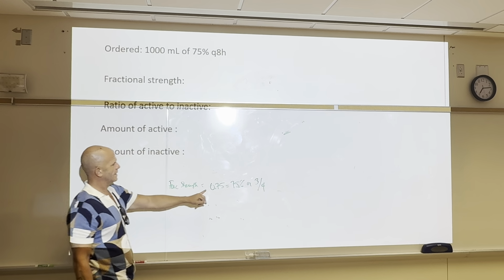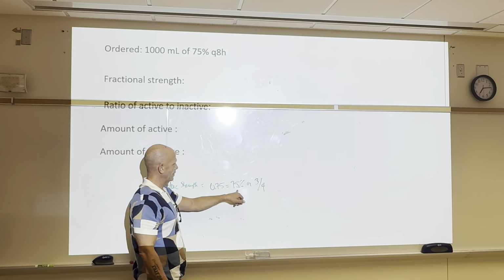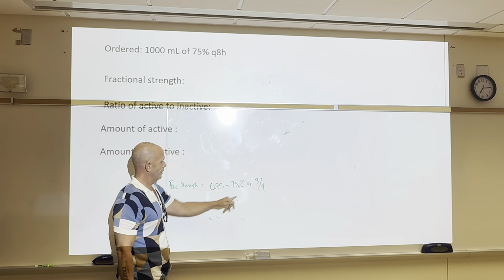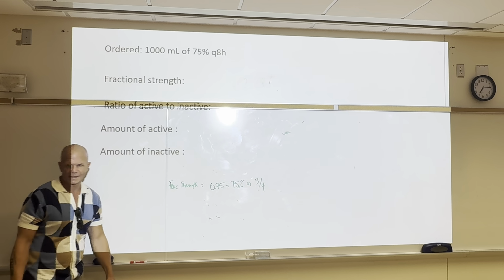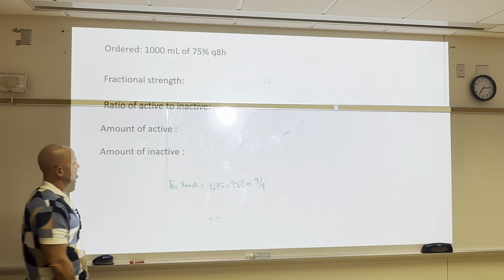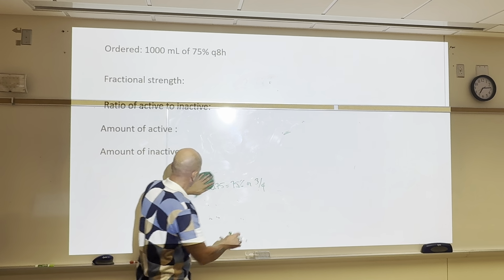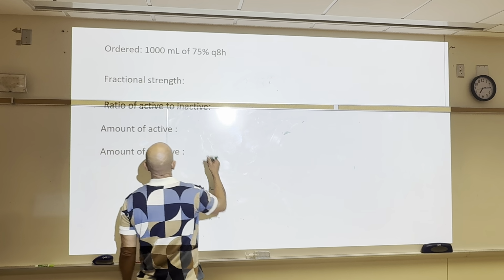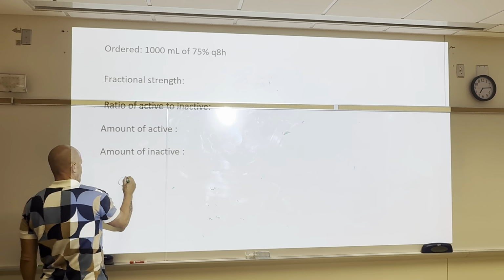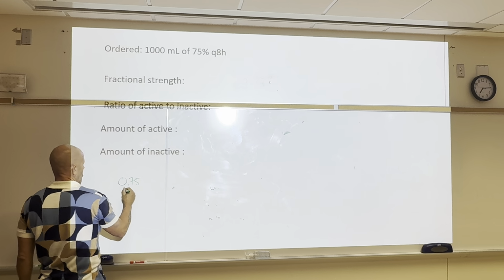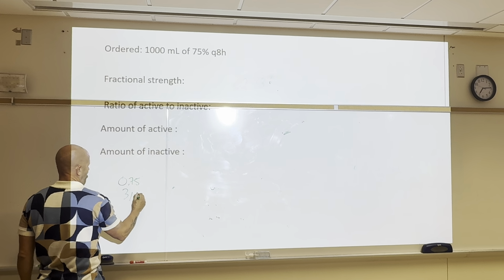So look, 75 cents, 75%, or 3 quarters. 3 quarters equals 75 cents, right? Okay, so we've got that. So we know we have 3 quarters, okay? That's our fractional strength. 0.75, I'm going to put this on the side, 0.75, or 3 quarters, okay?